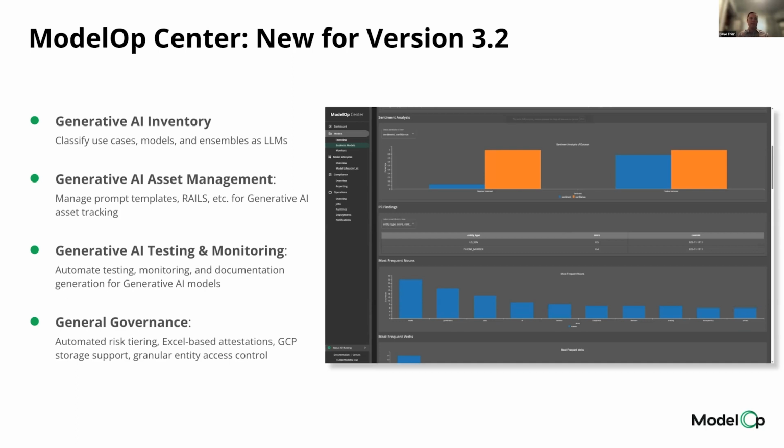That second piece is around asset management. We added support for different technical artifacts that need to be included and managed in that package I just mentioned: prompt templates, Rails files, and other asset tracking that may need to be done as it relates to those generative AI ensembles. Testing and monitoring: Jim is going to show you how we've incorporated a few additional tests to help give you some insight into how your LLM is performing.